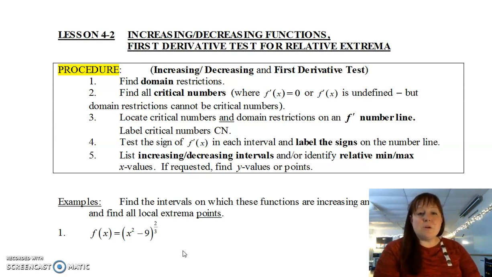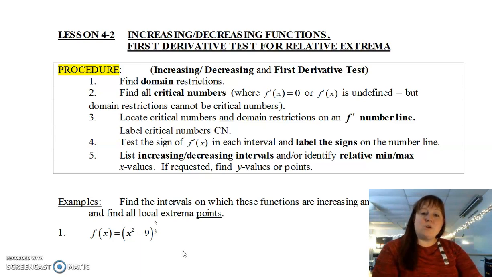So a critical number, if you remember the definition, is where the derivative is equal to 0 or undefined and f of x exists. Okay, so we'll see that in one of our examples. So if that just totally went, whew, that's okay. So critical numbers are where f of x exists and where the derivative is equal to 0 or undefined.